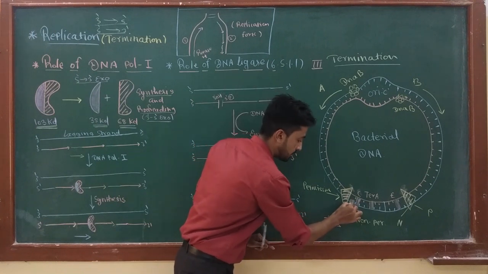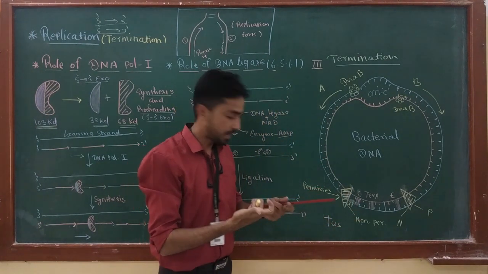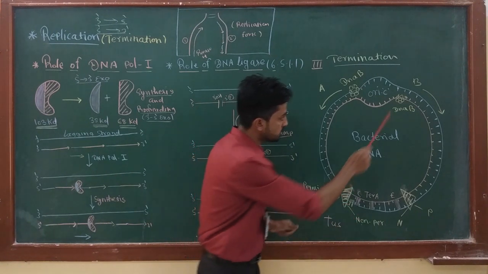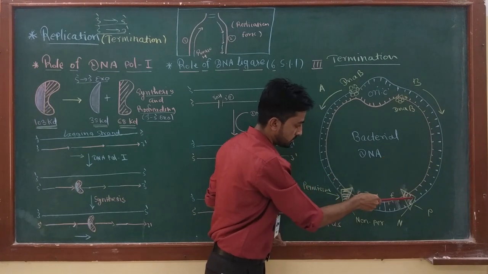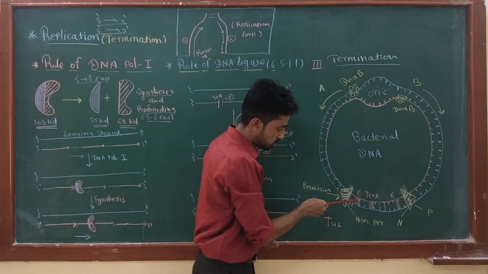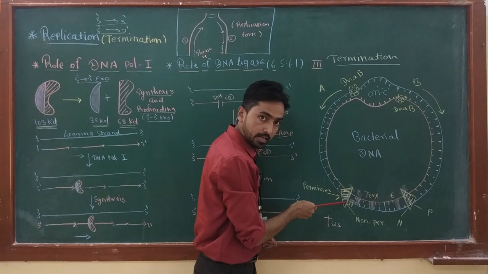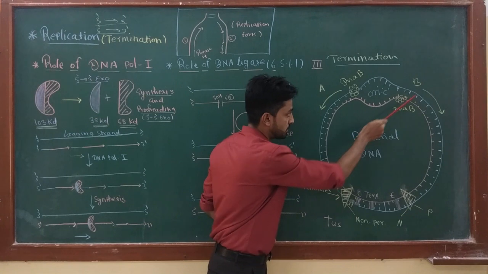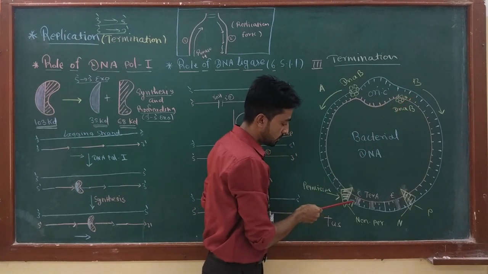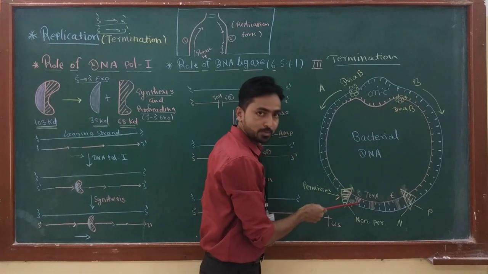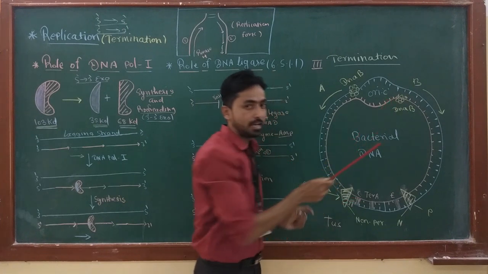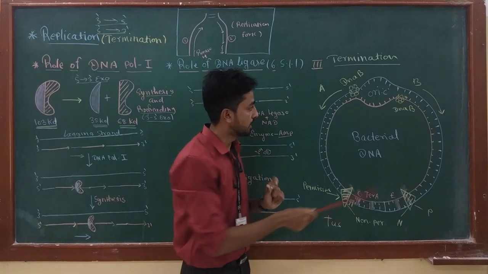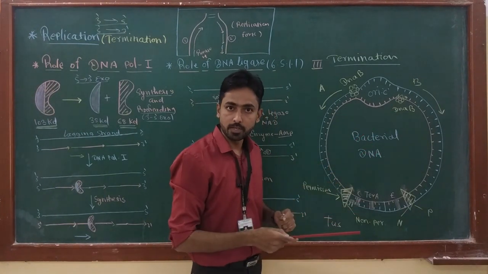When this fork passes through the first TUS and reaches the non-permissive site of the second TUS, due to this flip opening of the nucleotide, the DnaB protein of this fork will not recognize this portion of the DNA. Due to this, the helicase action of the DnaB protein is inhibited, and due to inhibition of DnaB, the movement of the fork is inhibited.